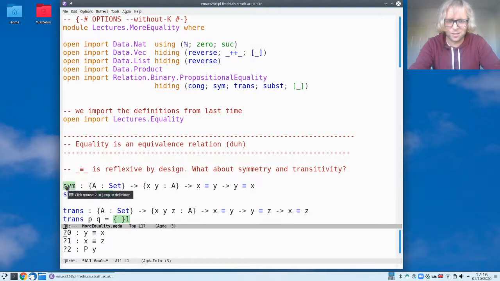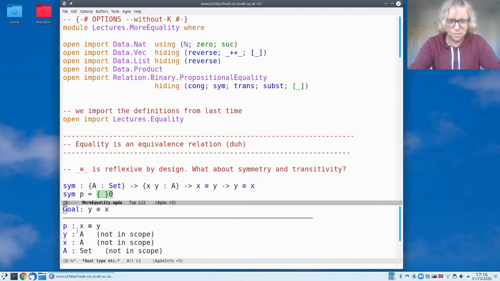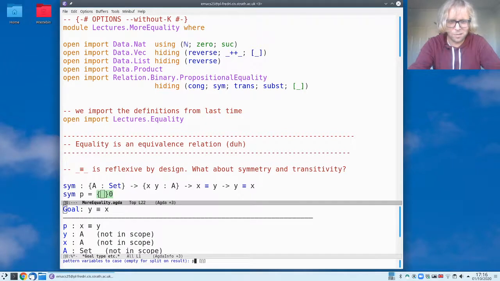So for symmetry, we would like to prove that if we have x equals y, then y equals x. And that certainly sounds plausible, right? So how would we do it? Well, we have a p, which is a proof that x equals y. And we do the thing we almost always do. We pattern match on this p and see what it could possibly be.